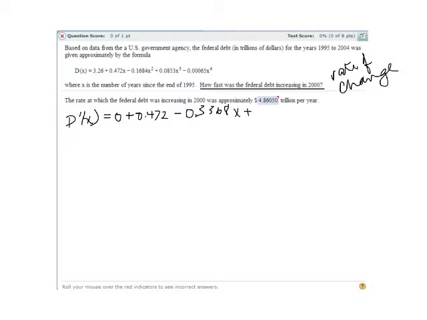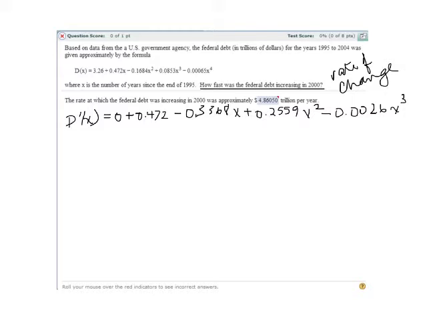Let me do a quick calculation here. 0.0853 times 3 is 0.2559x squared, minus 0.00065 times 4 is 0.0026x cubed.